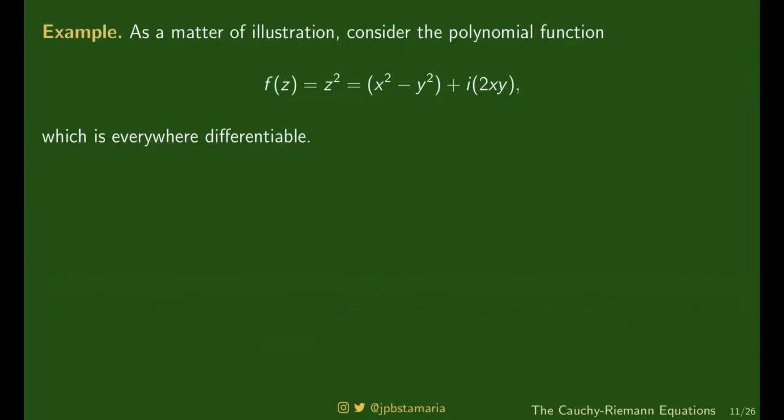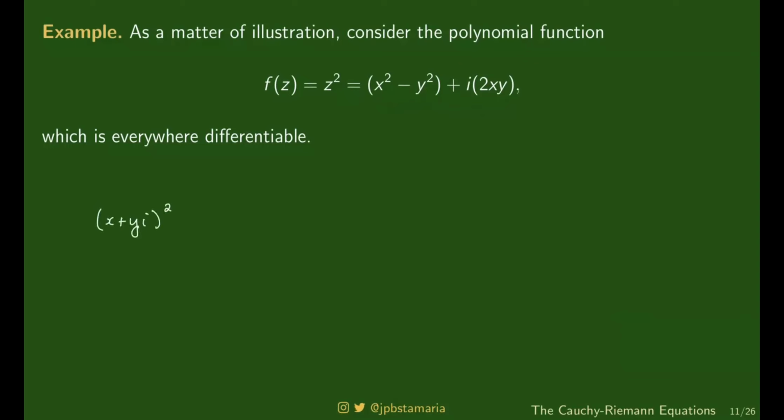As a matter of illustration, I want you to consider the function z squared. Last time, kinompute natin yung real part at saka imaginary part nito. Again, paano nakuha itong mga functions na yan? We were able to get that by taking the square of x plus yi.